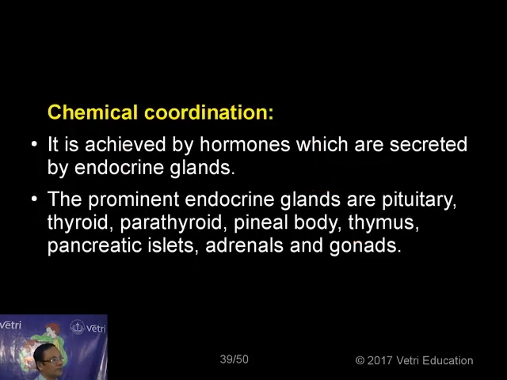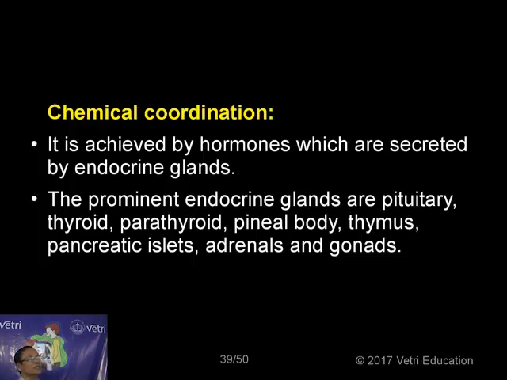Now chemical coordination. This is only a fundamental introduction, because we are going to talk about it soon in human physiology. In the human body we have two types of coordinating systems, and these integrate various activities of the body. One is chemical coordination, another is nervous coordination. Chemical coordination is brought about by hormones: the impulses are transported in the form of chemical substances called hormones.